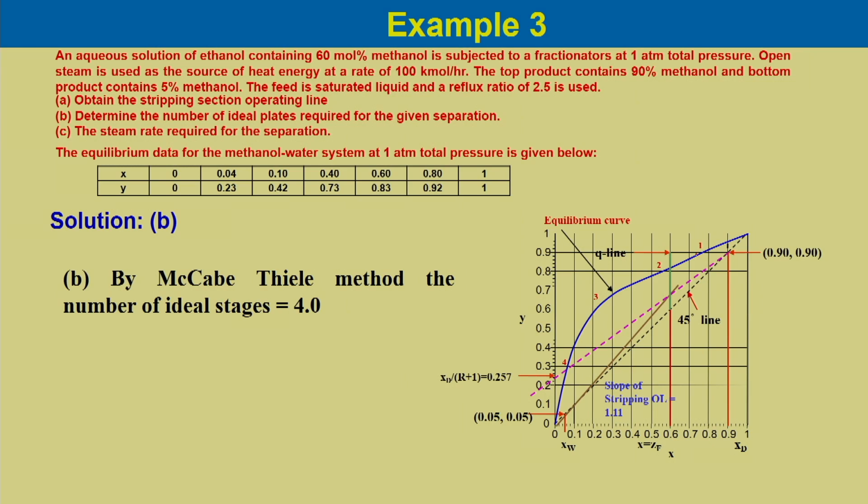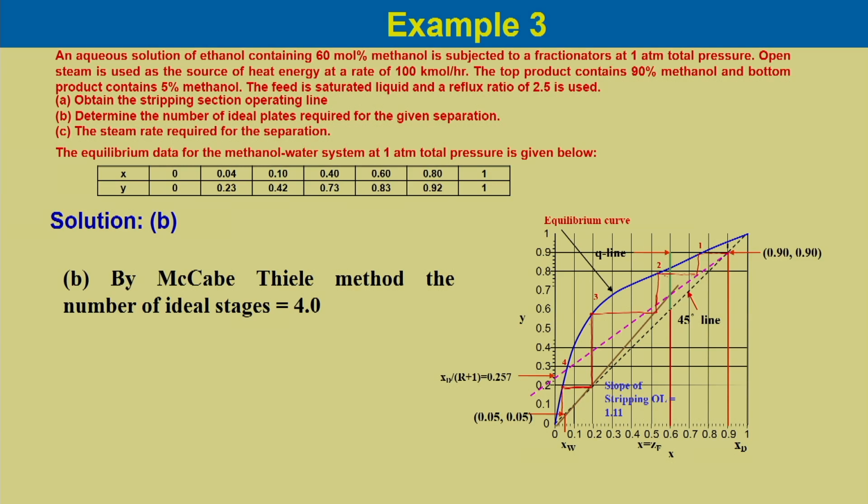We plot the horizontal line and the vertical line: from this point go to the equilibrium curve, go vertically to the operating line, then horizontally, then vertically, and then horizontally. If you look into this, about four ideal stages are required for this particular separation.